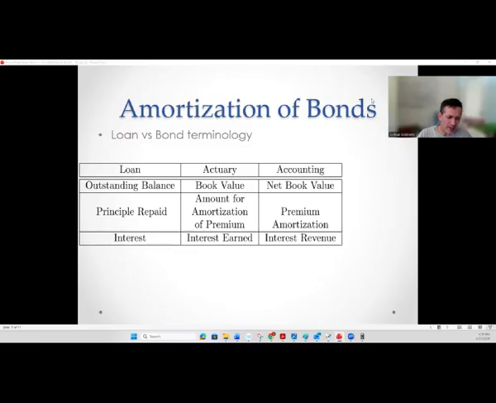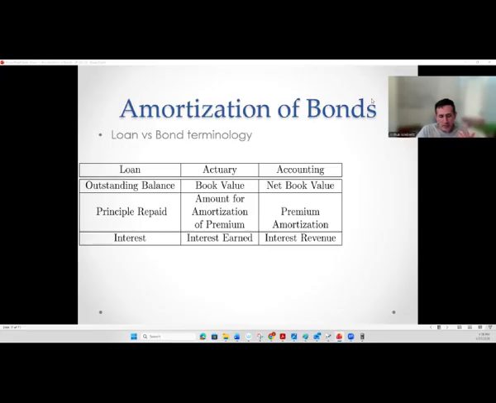And I actually asked ChatGPT, was curious what it would say: why does exam FM, and particularly the SOA, the Society of Actuaries, who writes the exam, emphasize this? ChatGPT, I don't know if it's correct, but it gave me a very plausible answer, which was, when you do a lot of modeling for insurance reserves and insurance pricing, you really do have to work with the same kind of logic as bonds and amortization of bonds.